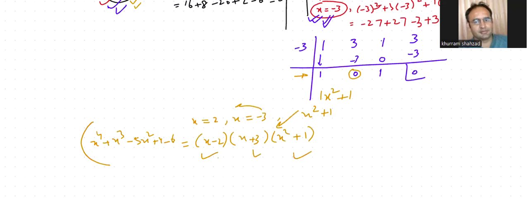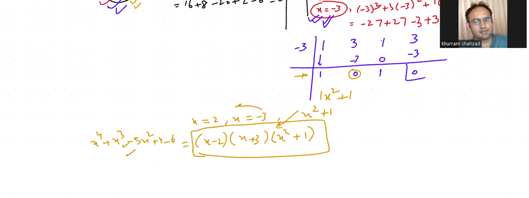So this is the factorization of this polynomial. A question may arise in your mind: why have we not factored this one, x squared plus 1? This has no real factors.